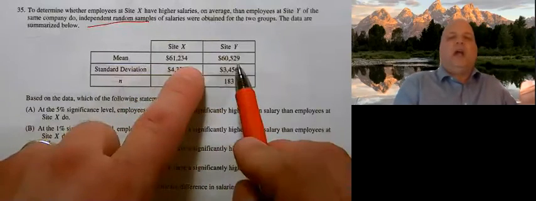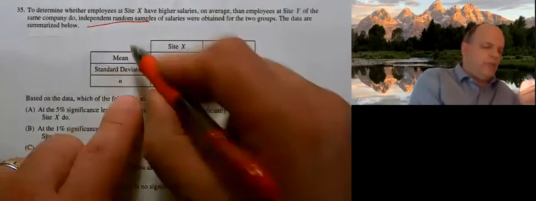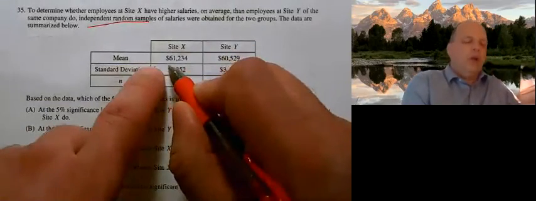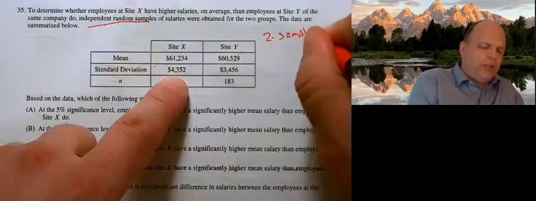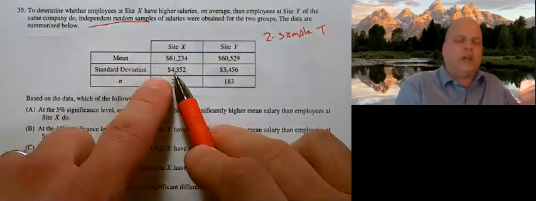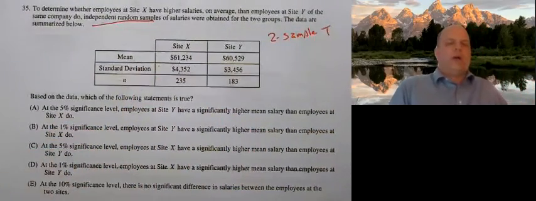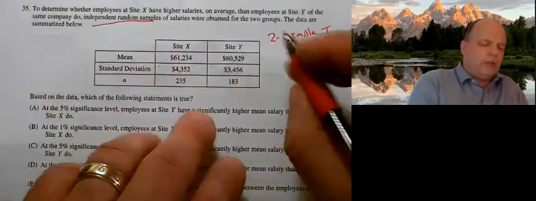So this tells me, hey, we have sample means. This is standard deviation of the samples. So these are S's. So this is going to be a 2-sample t-test. 2-sample t-test for means, because we're working with means and we're working with a standard deviation of the sample. All right, so I'm kind of short on space here, but it's going to look something like this.